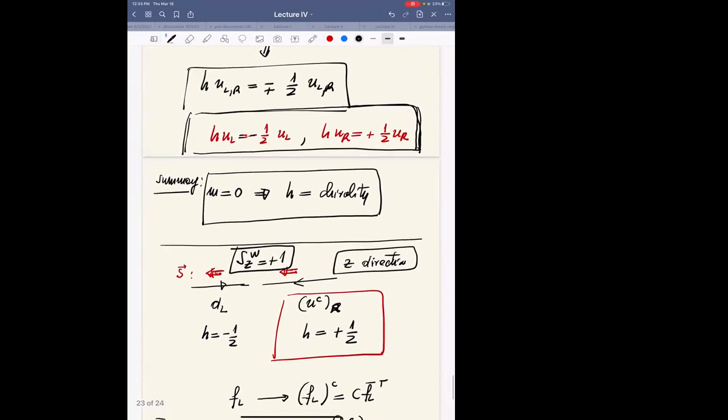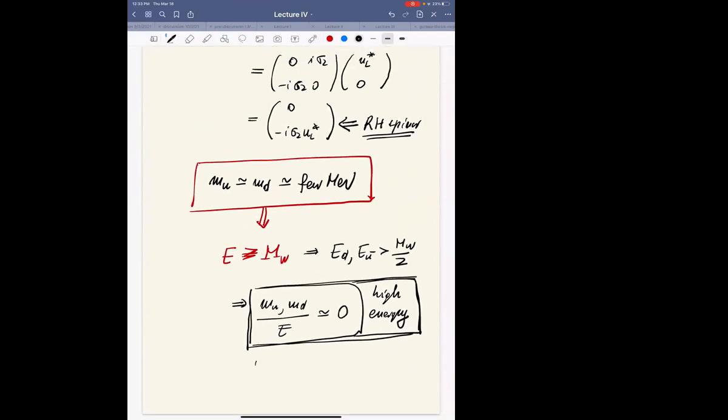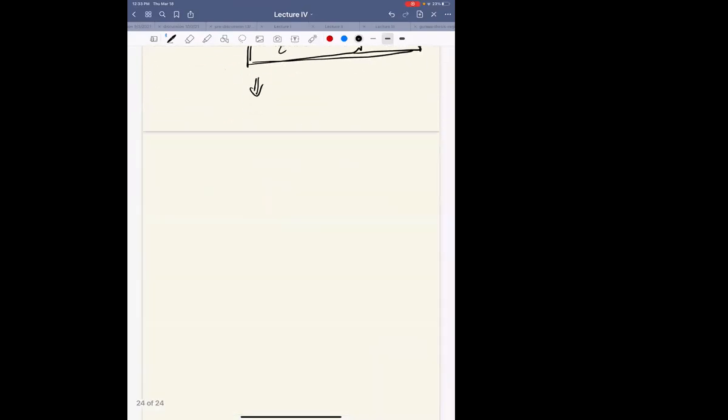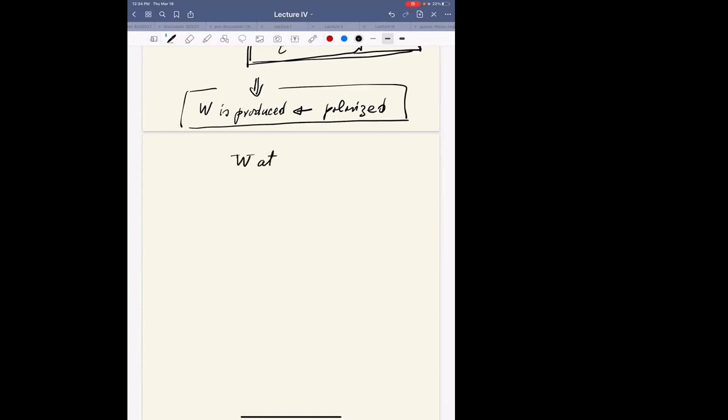So when I produce the W, already at that stage, the W is produced and it's polarized. What does it mean that it's polarized? Well, I can study parity violation because I have a direction. Because you could tell me, how can you talk to me about parity violation? W is at rest. I'm going to produce W at rest. So no direction of motion.